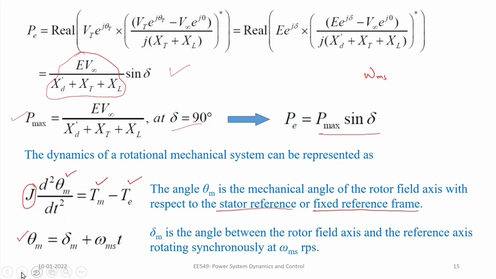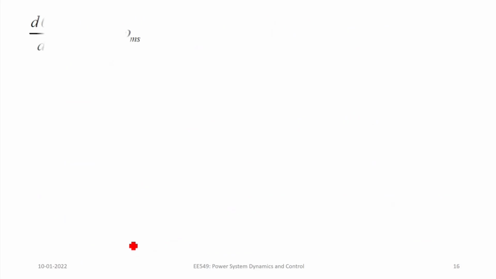Then of course theta m we can express as delta m plus omega ms t. If we take the derivative of this expression, d theta m by dt is equal to d delta m by dt plus omega ms.